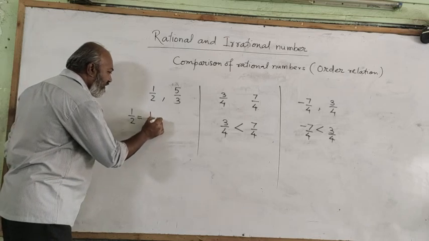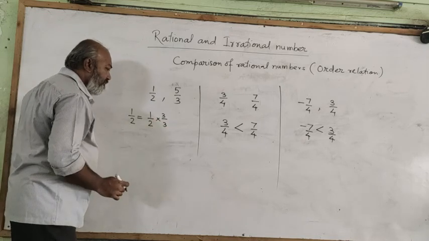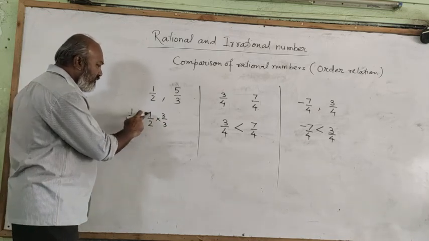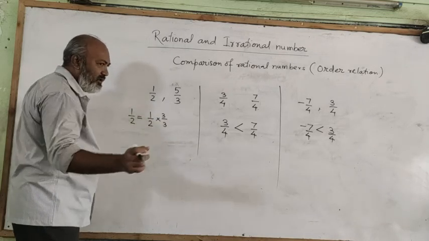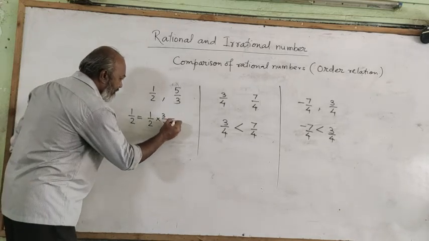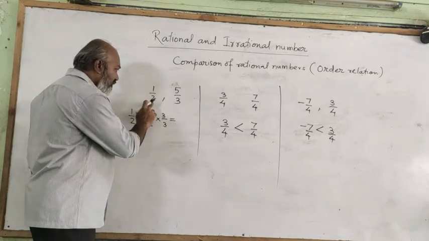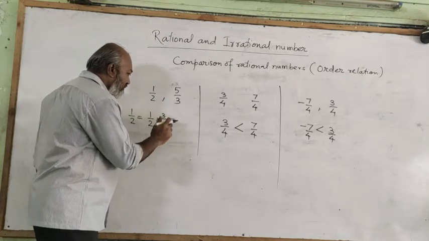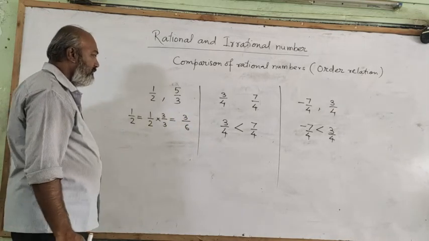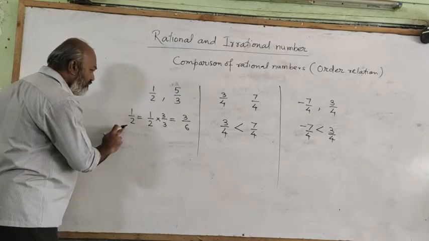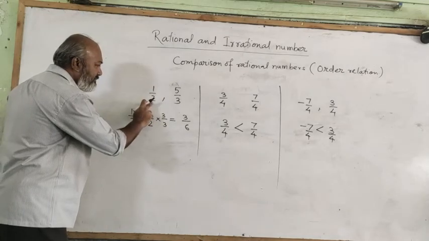We multiply numerator by 3, denominator also by 3. Means we are multiplying 1 by 2 by 3 by 3, which is 1. The purpose is making the denominators equal. Because 3 ones are 3, 3 twos are 6. This number 1 by 2 comes out to be 3 by 6.